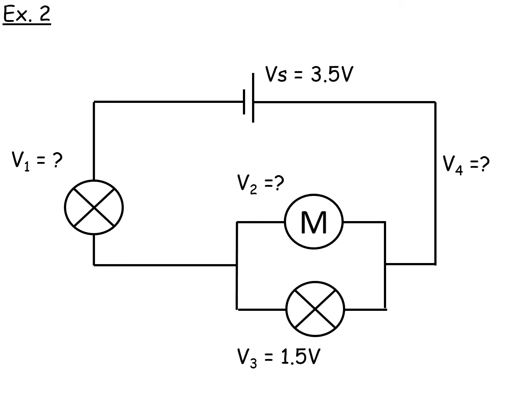Okay, so example number 3 now. Let's try and see if we can solve this. Again, I'm going to let you try this first because I think by now you should be getting an idea of the process. So I'm going to give you 15 seconds starting from now.